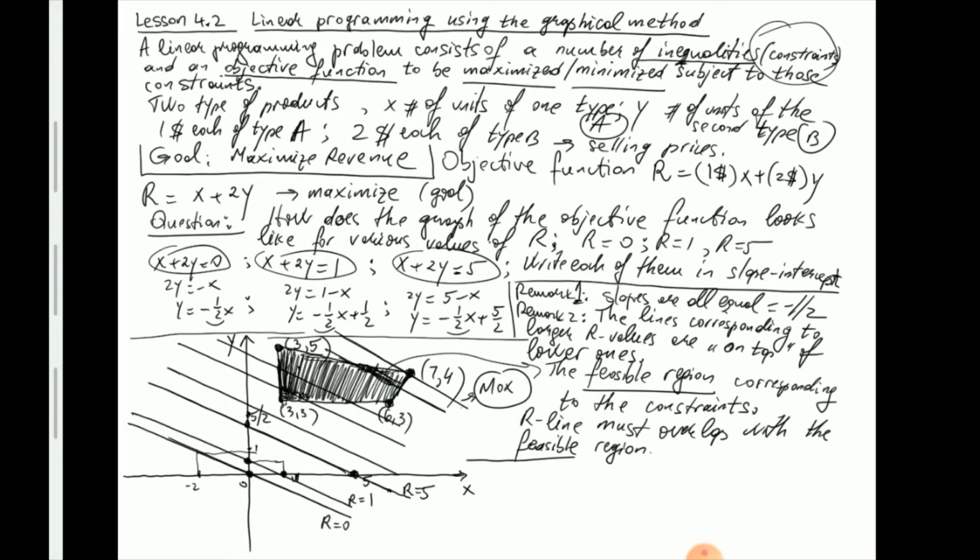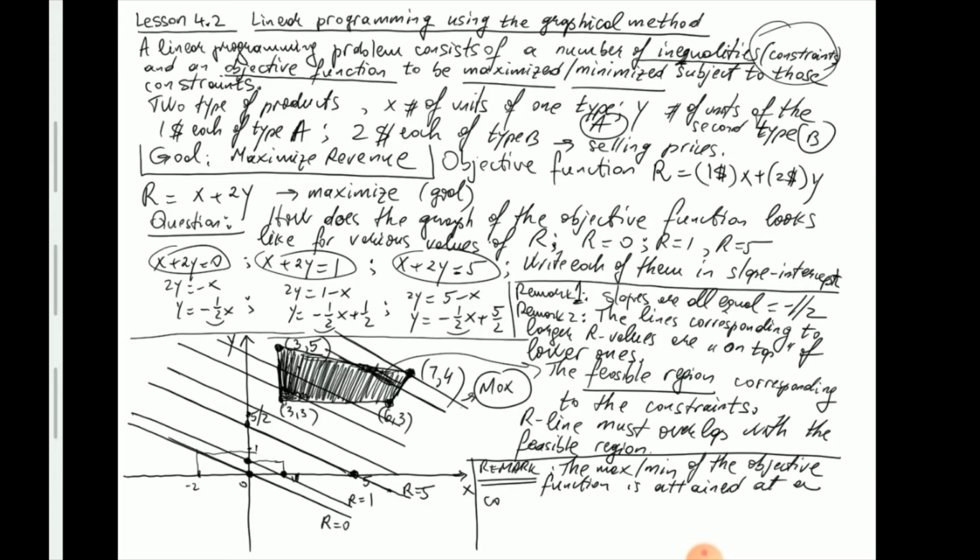So finally, let's write down the most important remark for this page at least. The maximum, or even minimum for that matter, we'll talk about that also because the same idea works for the minimum. The maximum or minimum of the objective function is attained at a corner of the feasible region.